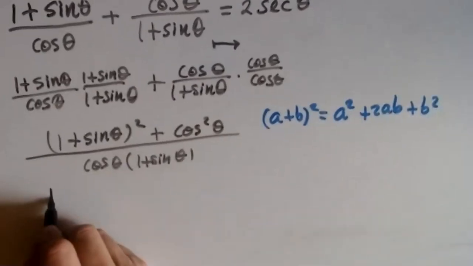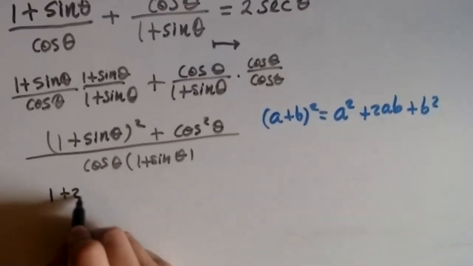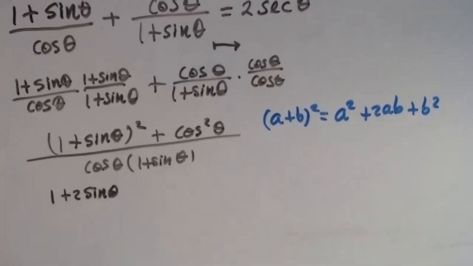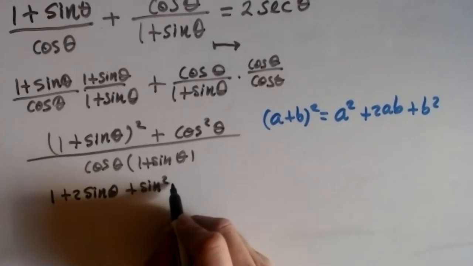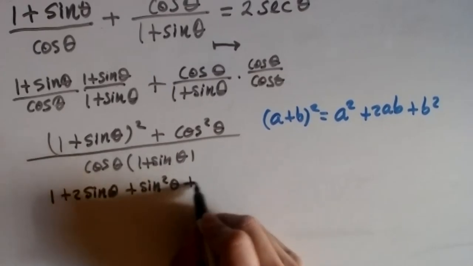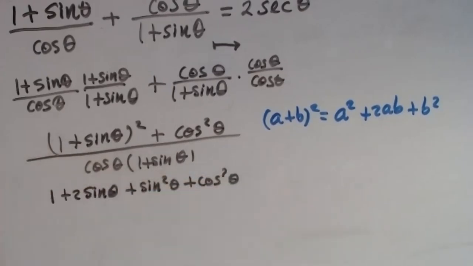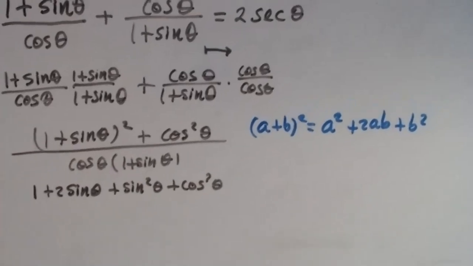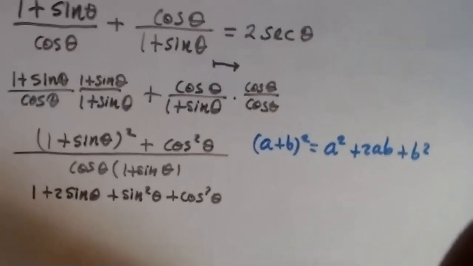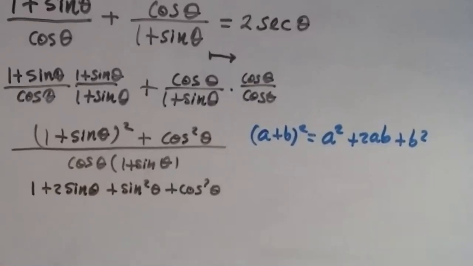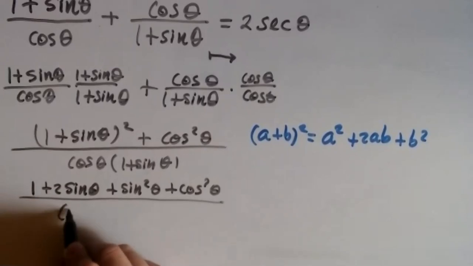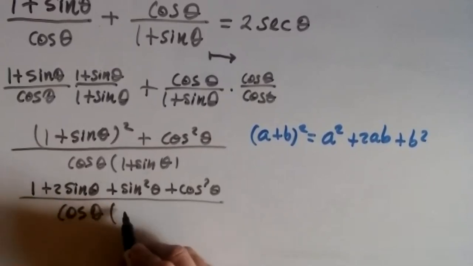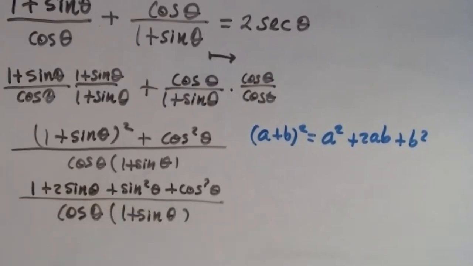So I have 1 squared, well, 1 squared is 1, plus 2 sine times 1, plus sine squared plus cosine squared, correct? You see that? Right here, okay? Right there. Okay, now over, obviously, cosine theta times 1 plus sine theta, correct? So that's my denominator, doesn't change.